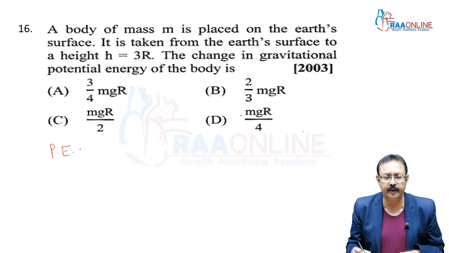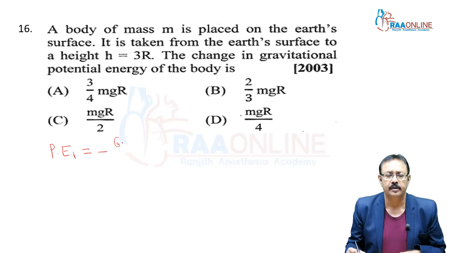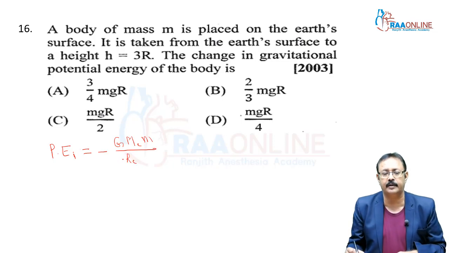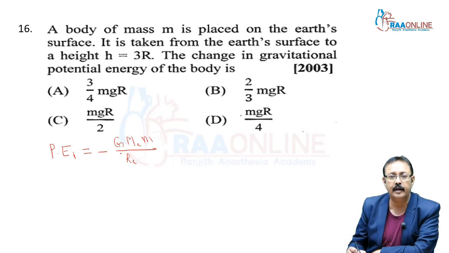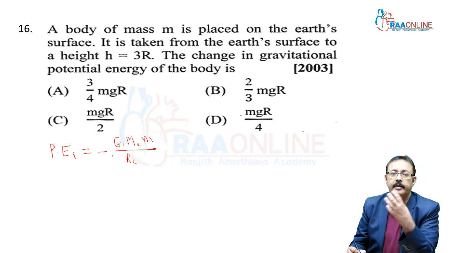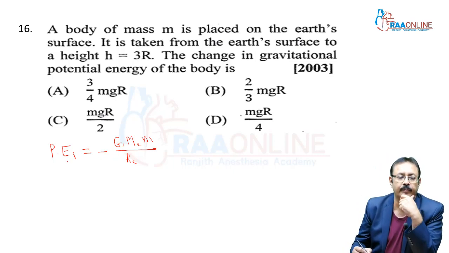We are assuming Earth's surface first, we are calculating minus G m, mass of Earth, mass of object, upon r, because it was at a distance r from Earth's center and Earth's mass is assumed at its center only.